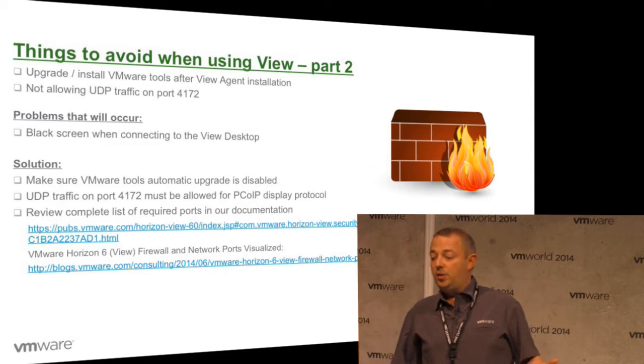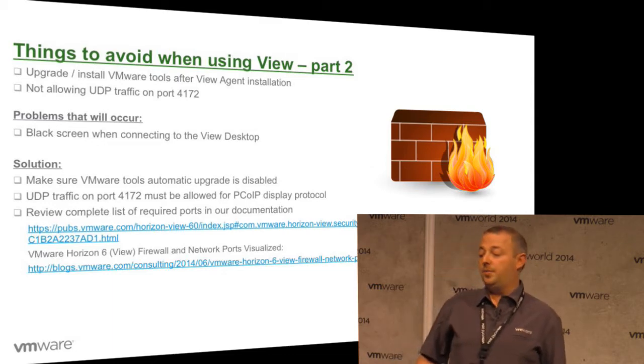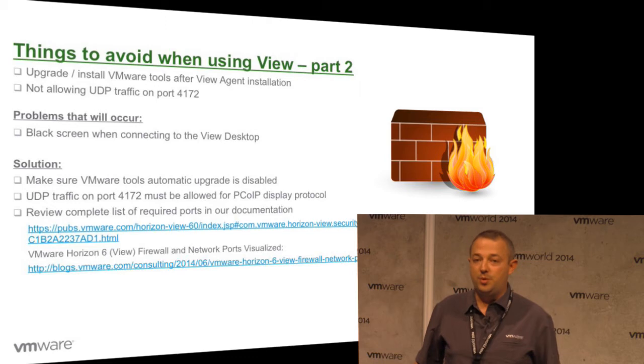Another thing that you need to avoid when you use View is to make sure that you disable the automatic upgrade of the VMware Tools, because when you access your desktop using PCoIP, we install a dedicated, specific VGA driver for the PCoIP protocol.